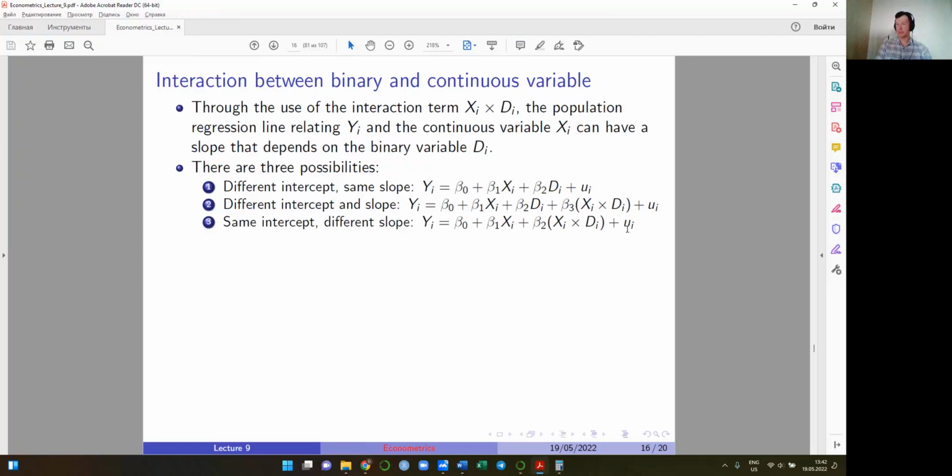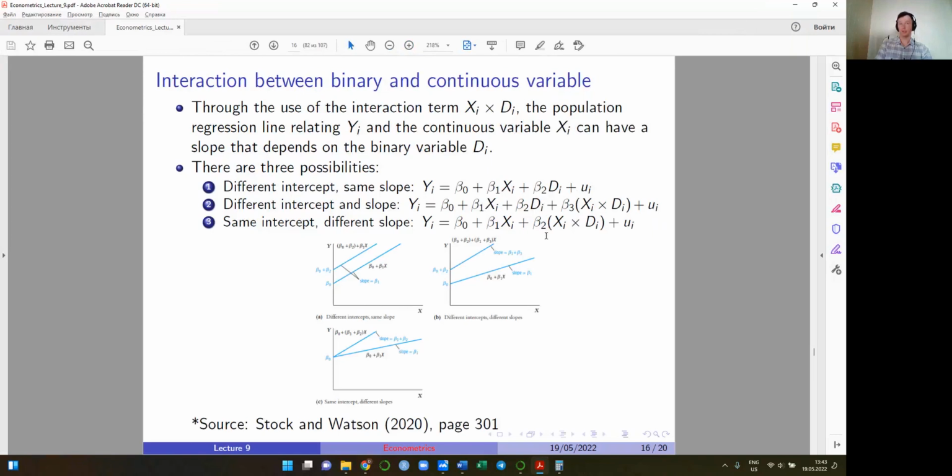And the third, which is redundant, and you will almost not see this model, is when we plug in the continuous variable and the interaction term, and we don't use the binary variable separately. And here is an illustration of what happens. In the first case, both lines are parallel and only the intercept changes, and it differs by beta 2, by this coefficient. In the case of the interaction term, we have two lines, and these two lines differ by intercept beta 2 and also by the slope.